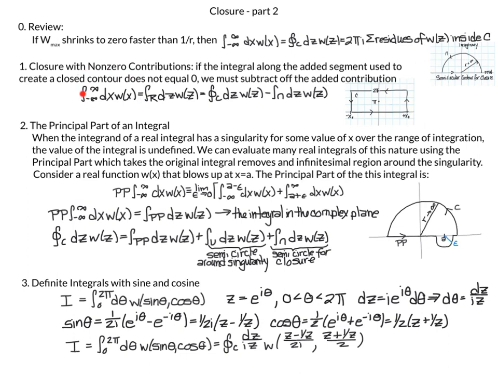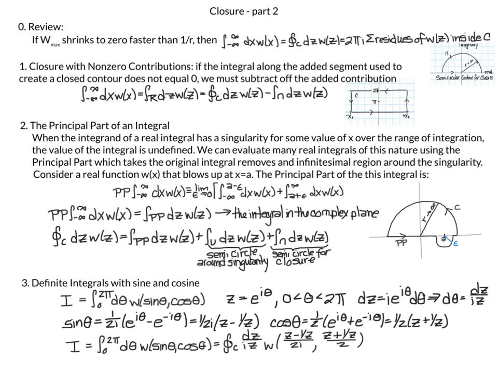In other words, our real valued integral from negative infinity is equal to our complex integral over the real line, which is equal to our closed contour minus the added contribution. In our example, we will be using this formula as well as a new additional contour. Instead of the semicircle, we're going to have a rectangle.